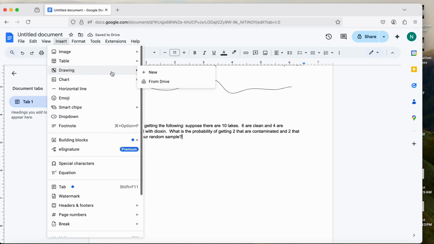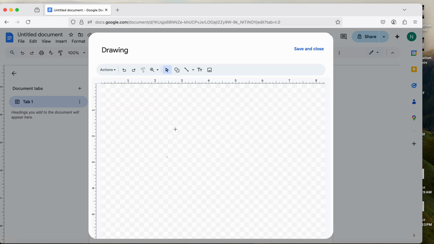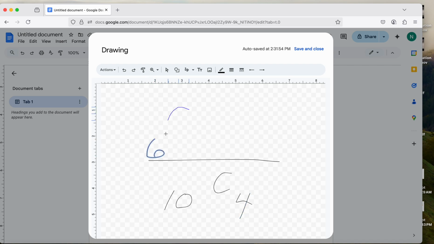So we have to think about the numerator as if it has 2 groups. There are 6 clean lakes, and out of the 6 clean, we're trying to get 2 of them, multiplied by the 4 contaminated lakes, and out of those, we've got 2 of them.